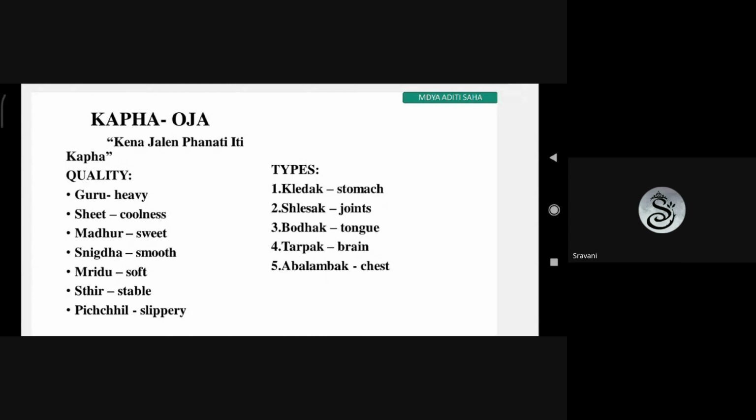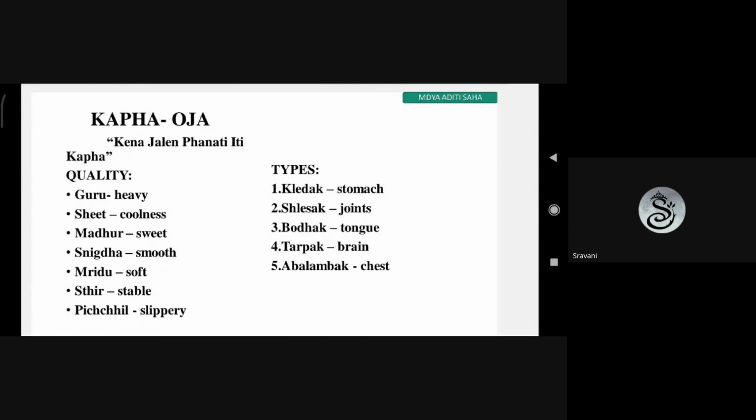Okay. So if we go for the Nirukti of Kapha, that is Kena Jalena Phanati iti Kapha. That is the definition of Kapha in Sanskrit. And these are the qualities we have already read. Heavy, coolness, sweet, smooth, soft, stable, slippery.